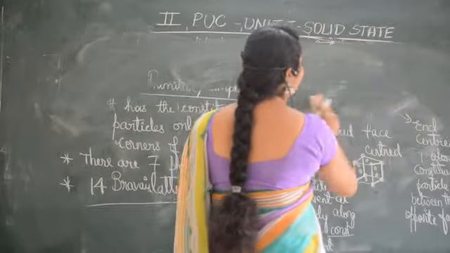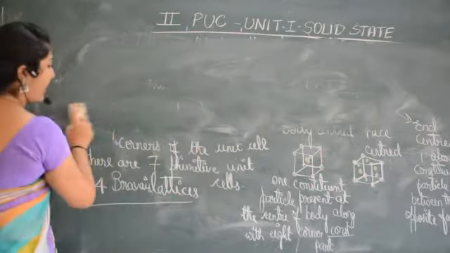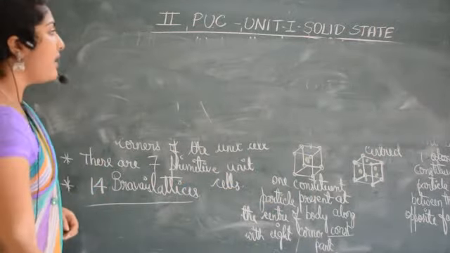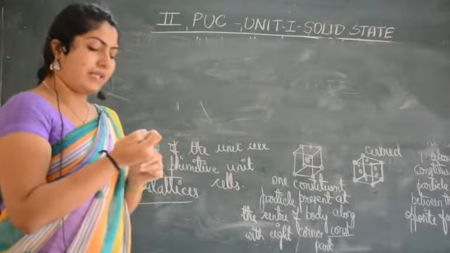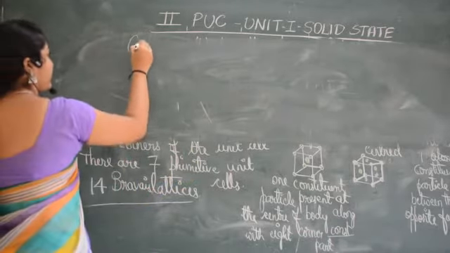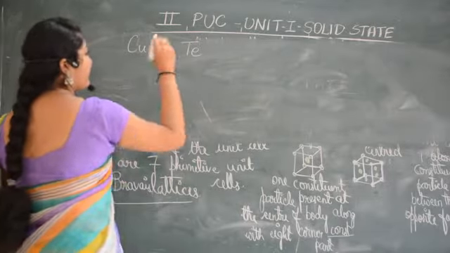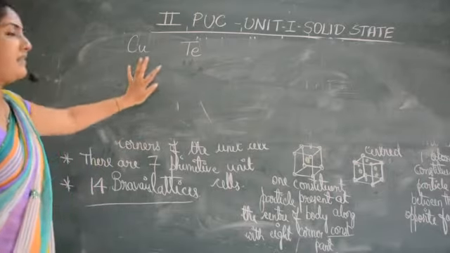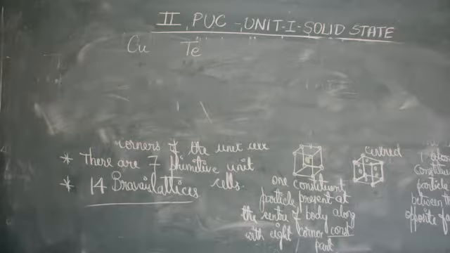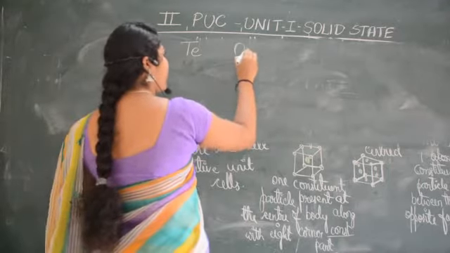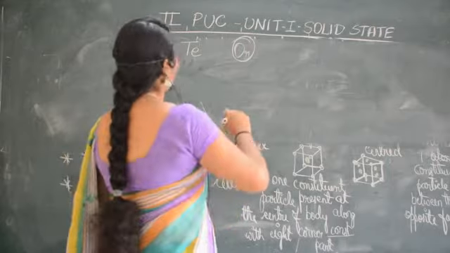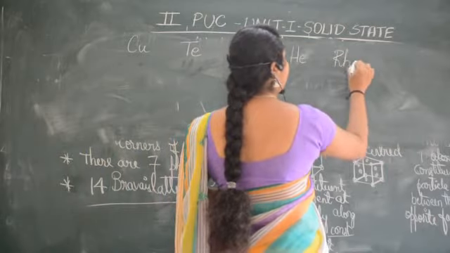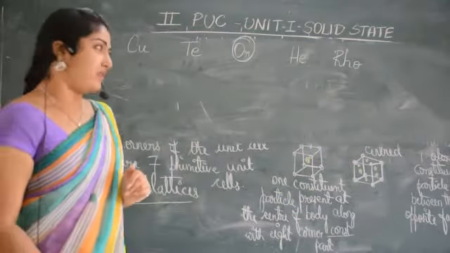But just for you to remember, you can remember this way. Okay, I told you that there are 7 primitive cells, isn't it? Unit cells. So the easy way to remember is CUTE, then you can remember it as cute or hero motor.